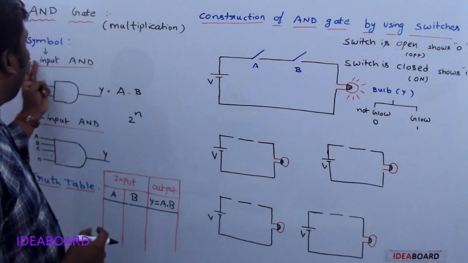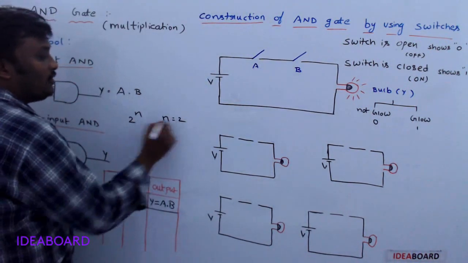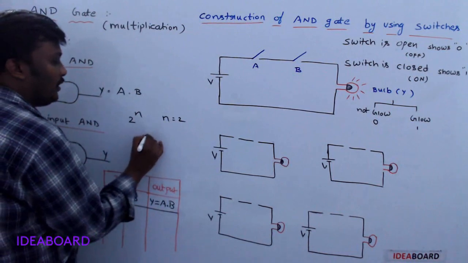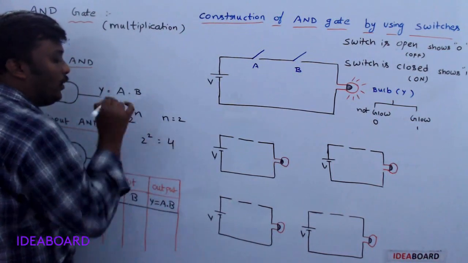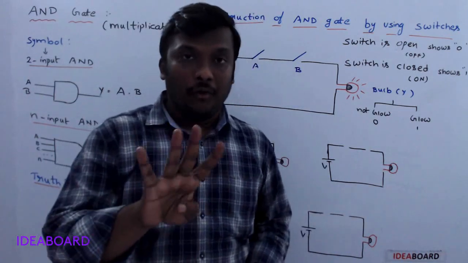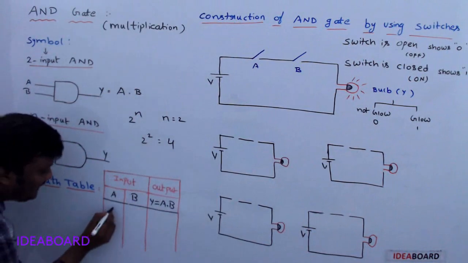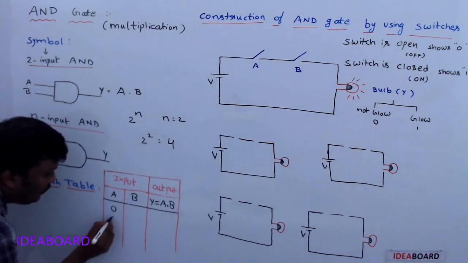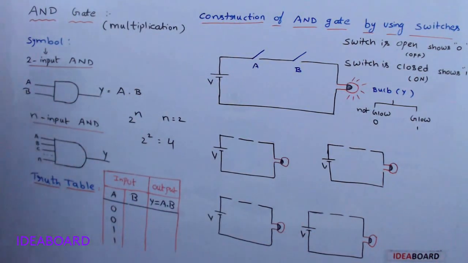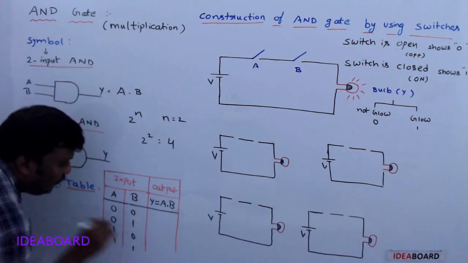So for a 2 input AND gate, n is equal to 2. Substituting, 2 squared gives 4 possible input combinations. What are they? Let us take A as 0, 0, 1, 1 and B as 0, 1, 0, 1.